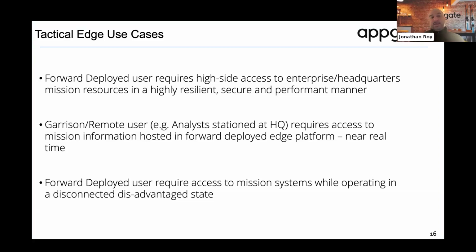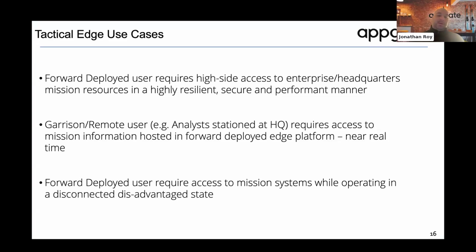The next one is if I'm stationed at headquarters and I want to get access to more real-time telemetry. So maybe I'm doing analytics and the data set that I have is currently in the cloud. I need to be able to reach out into that forward deployed edge node and get maybe more real-time data. So think of it as being bidirectional, not just being able to have those forward deployed users reach back, but have garrison resources reach out.